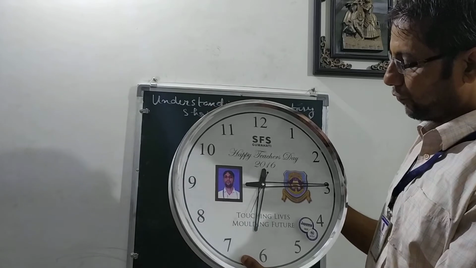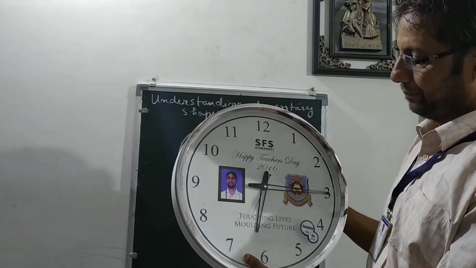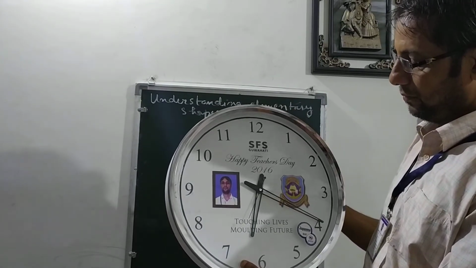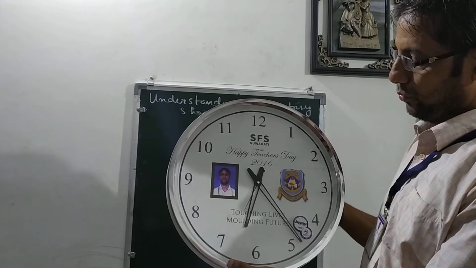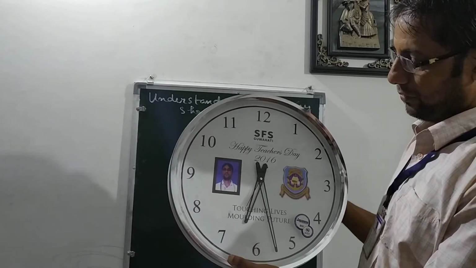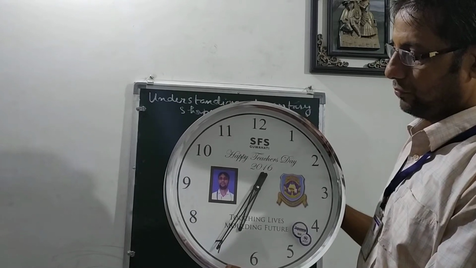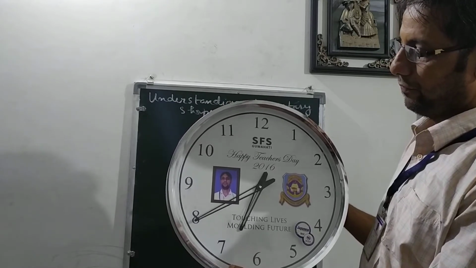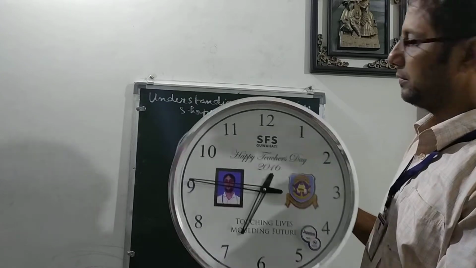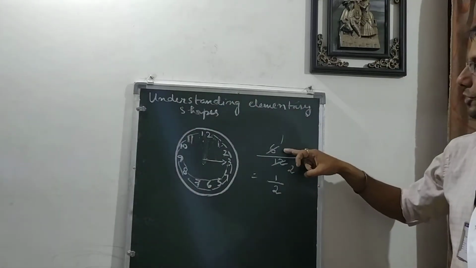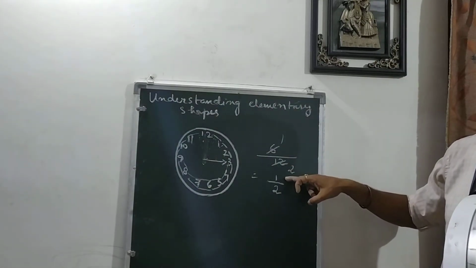Now if it goes from 3 to 9, 1, 2, 3, 4, 5, 6, that is 6 parts. That's why I have written over here 6 by 12, that means 1 by 2.